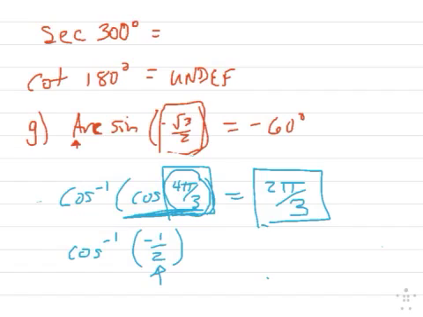But 2 pi over 3 is between 0 and pi radians, which is inside the range of that function. Get it? That was a long way of saying you can't just cancel these things out. You can't just say those cancel each other out because they're inverse functions and 4 pi over 3 is the answer, because you're not considering the range of the cosine inverse or sine inverse or whatever function it is.